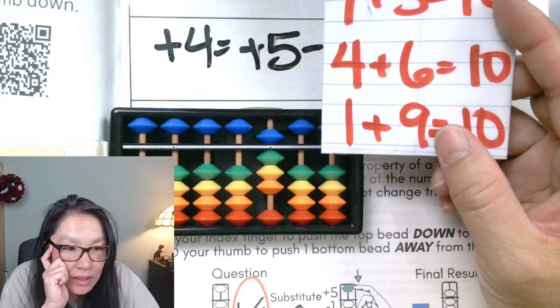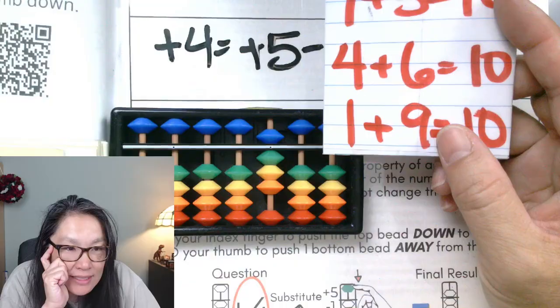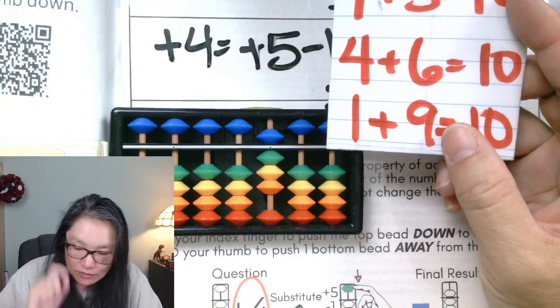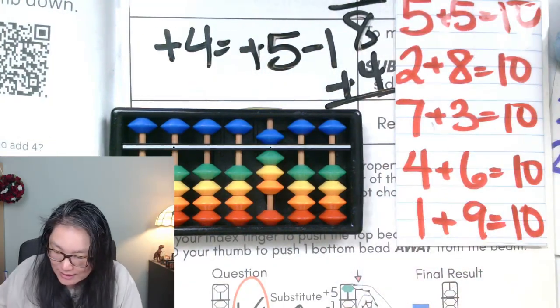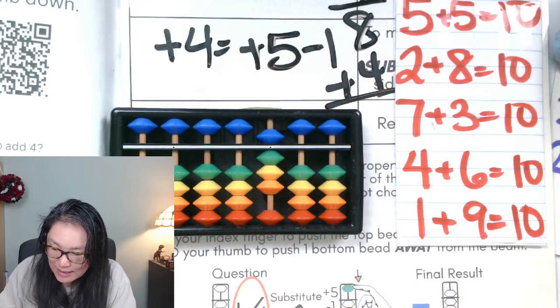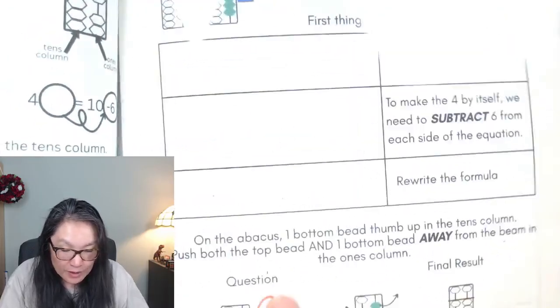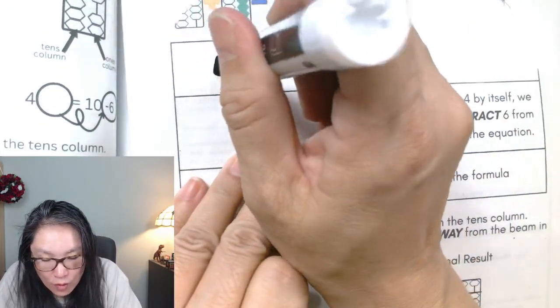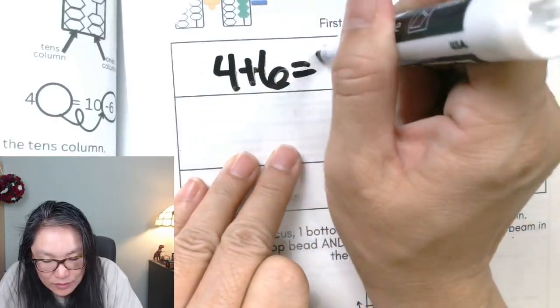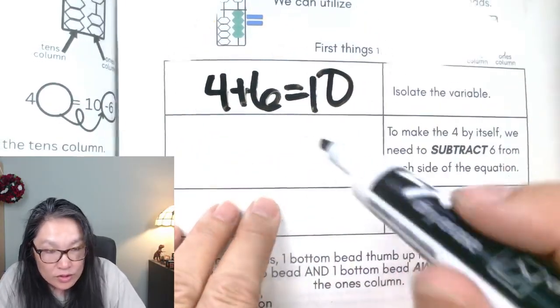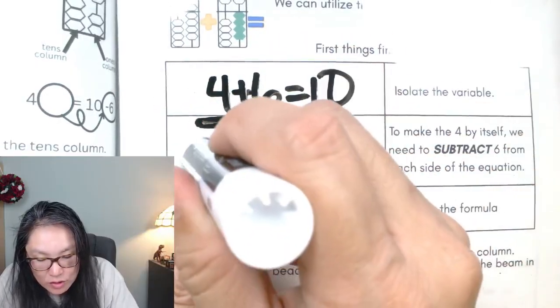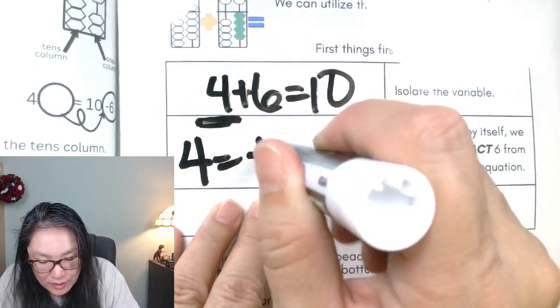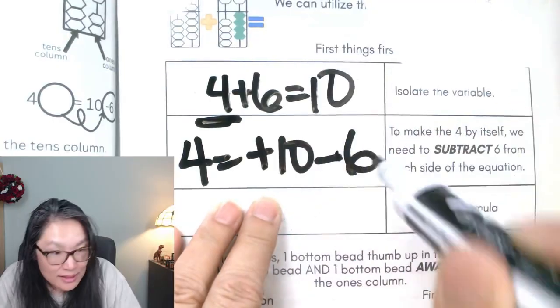Yes, thank you, Neon. 4 and 6 is equal to 10. What do you mean? Well, that's the same process. I have plus the 4, so I go 4 plus 6 is equal to 10. Now I'm going to isolate the 4. So 4 is equal to plus the 10 minus the 6.